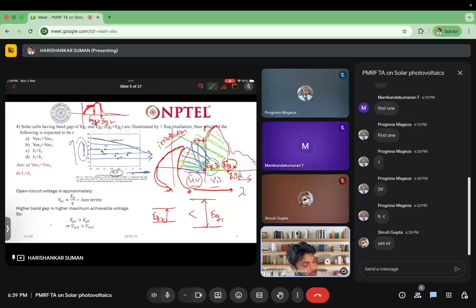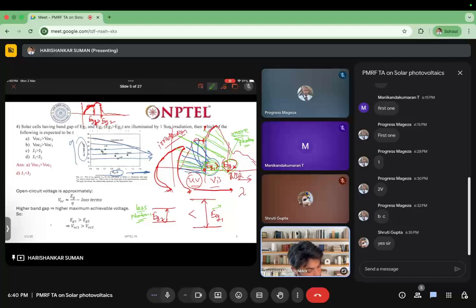So the second one has more photons from the spectrum available in one sun, while Eg1 has fewer.